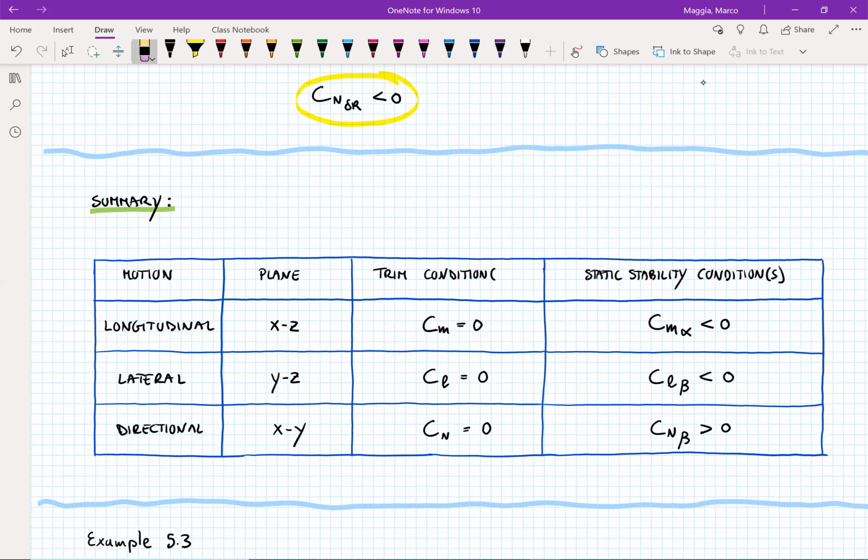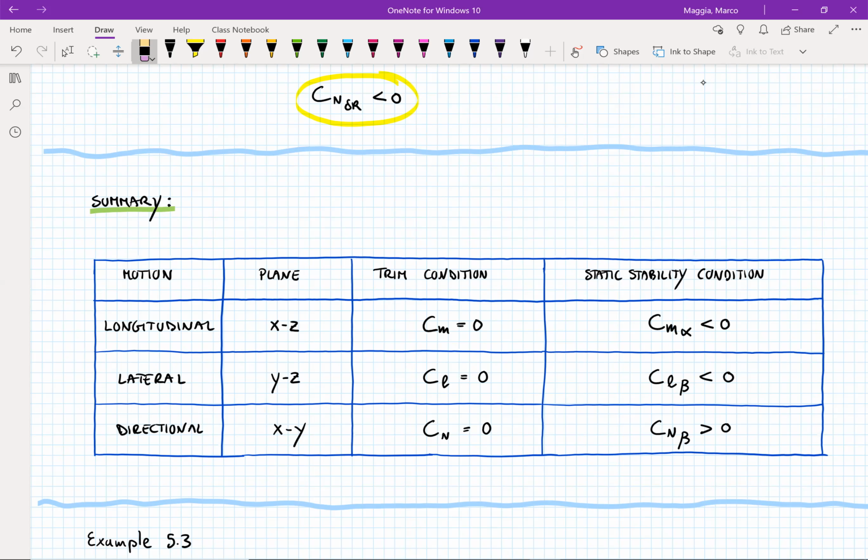All right, so starting with the longitudinal motion, that's sort of the pitching motion, it happens along the xz plane. And the trim condition is Cm equals 0, with the static stability condition of Cm alpha that has to be negative.